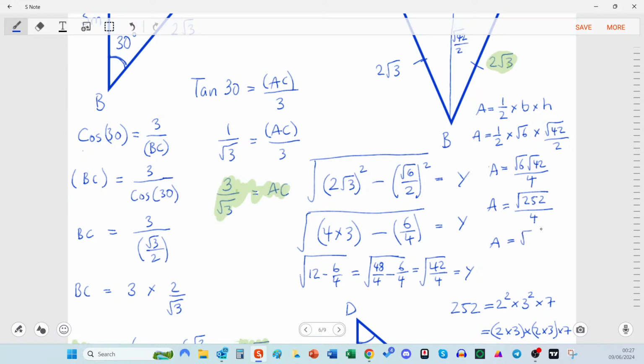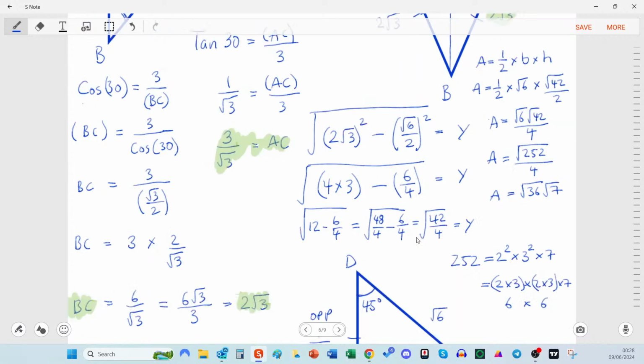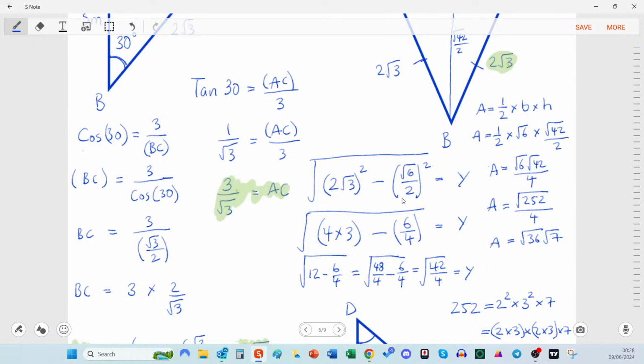So this is going to be root 36 times whatever was left, which is 7, over 4. Yeah, I'm pretty happy with that. So that's going to be 6.